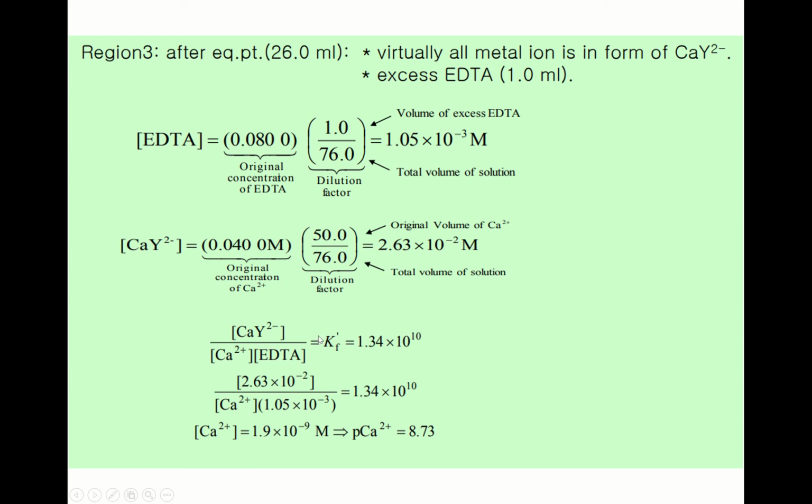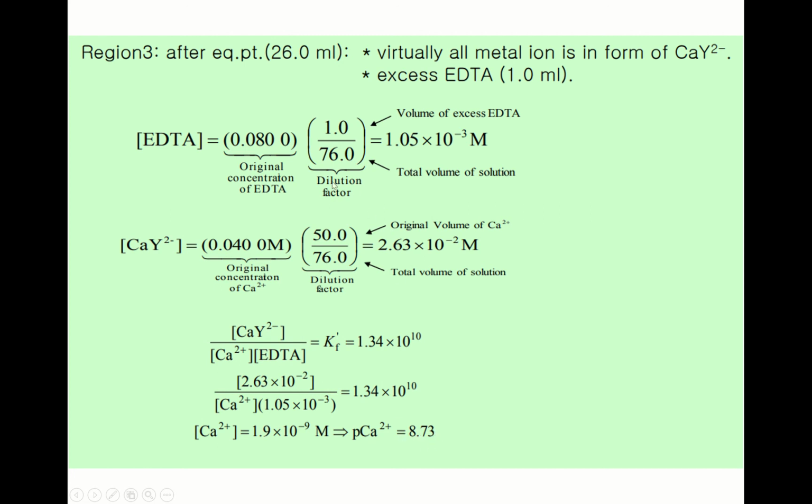We use this equation again, and we know the calcium-EDTA complex concentration and the EDTA concentration calculated here, and the free calcium ion concentration becomes quite low, 1.9 times 10 to the minus 9 molar, so the pCa value is 8.73.